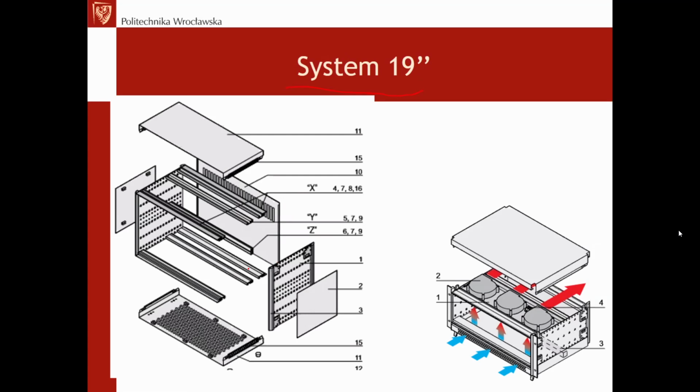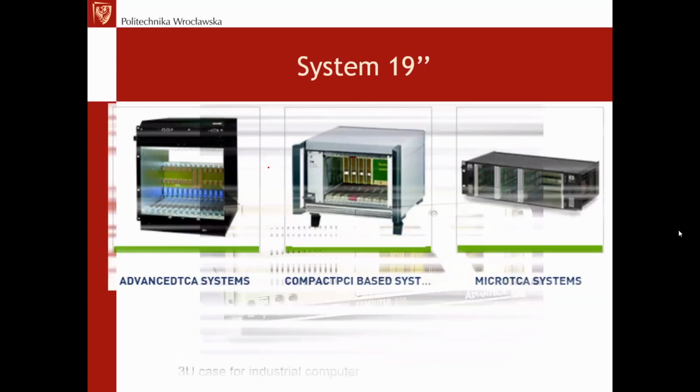In the shops, you're buying the ready-made elements that you just assemble together using a screwdriver, in order to place your electronics inside. So this is one option we have.